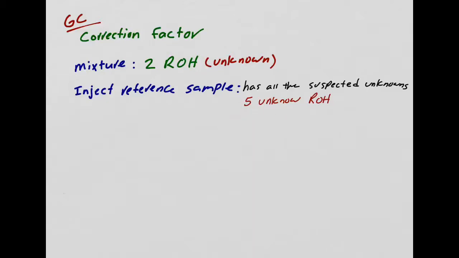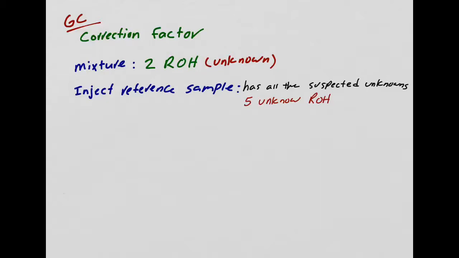Take a step back again. So before you inject your mixture, we're going to inject a reference sample. This reference sample has 5 alcohols in it. Yours is 2 of these 5 alcohols. You don't know what your 2 alcohols are, but yours is 2 of these 5 alcohols. We're good so far? Okay.